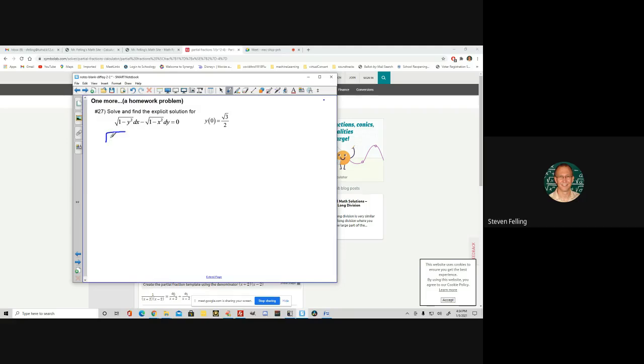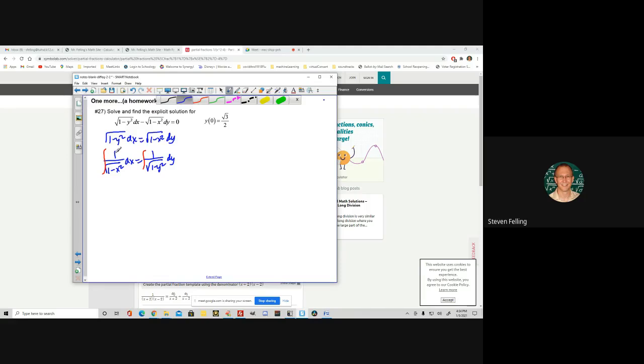So we've got square root of 1 minus y squared dx equals square root of 1 minus x squared dy. And then let's divide each side by the other one's square root. So we end up with 1 over the square root of 1 minus x squared dx equals 1 over the square root of 1 minus y squared dy, which means now we would integrate both sides to find the solution.